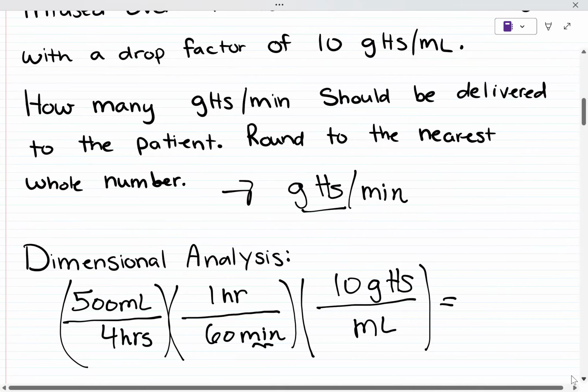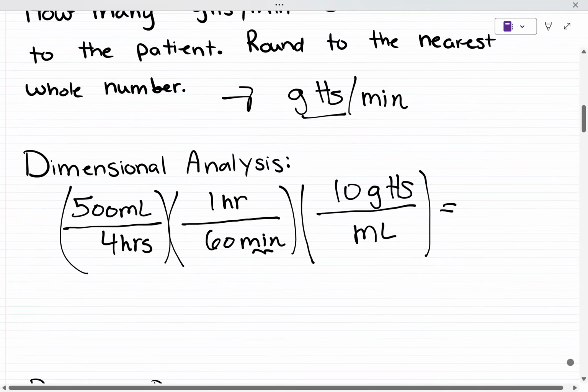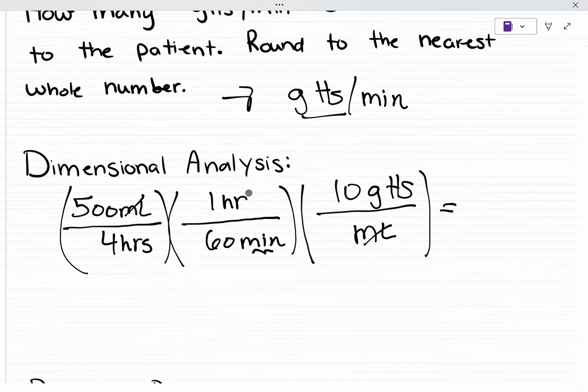As you can see, the milliliters disappear, the hours disappear, and you're left with gtts on the top and minutes on the bottom. Then all you have to do is the algebra.